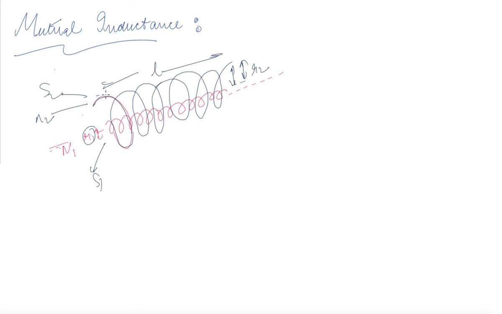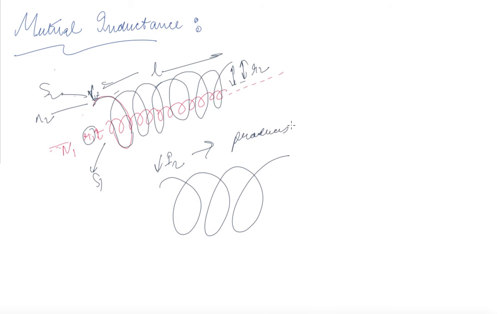Now, if you look at the second solenoid, the outer one, if I pass a current I2 through the bigger solenoid S2, it in turn sets up a magnetic flux through S1, because it generates a magnetic field.